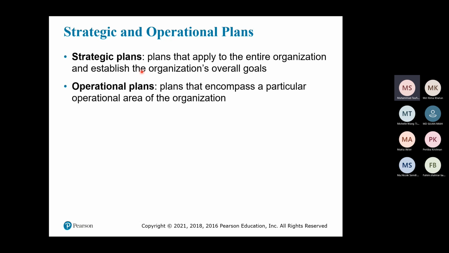So it is specific to a certain area in the organization. So this is the difference. Strategic plan is the plan for the whole organization. Operational plan is the plan for a specific area in the organization.